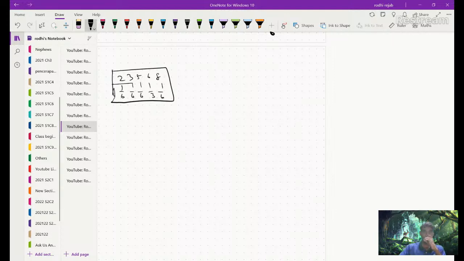To get the mean, we multiply each value by its probability and sum everything. It will be 2 over 6 plus 3 over 6 plus 5 over 6 plus 6 times 1 over 3, which is 6 over 3, plus 8 over 6.